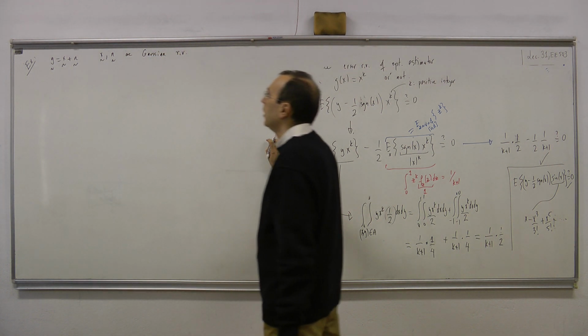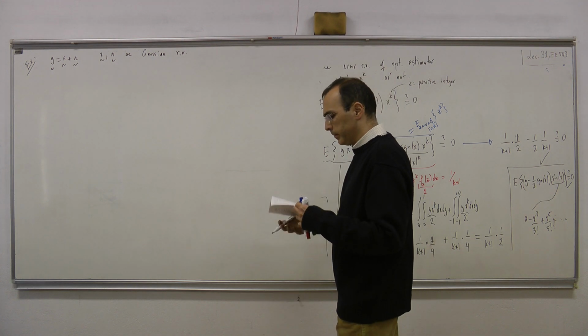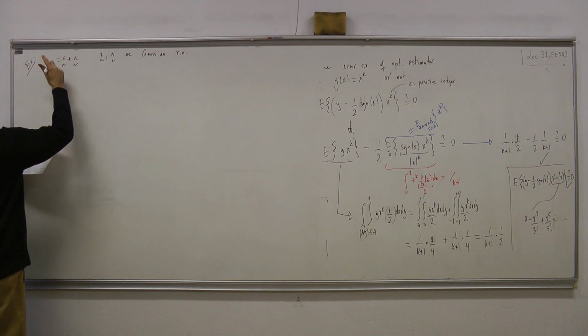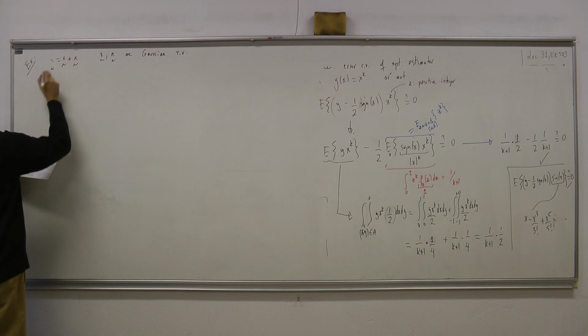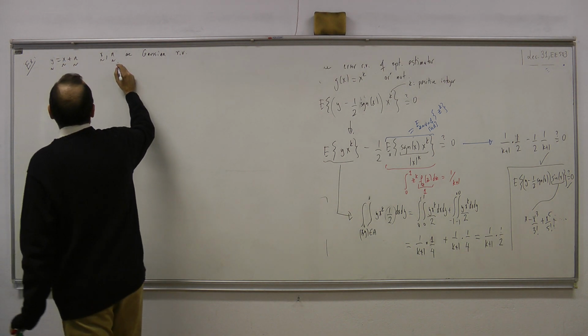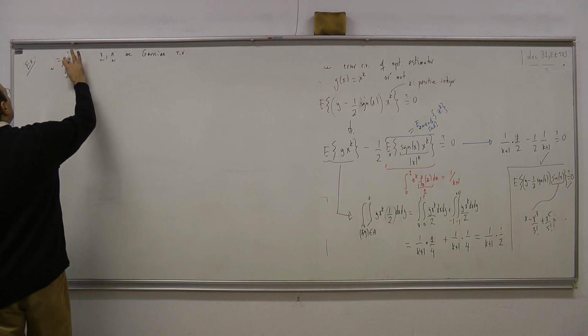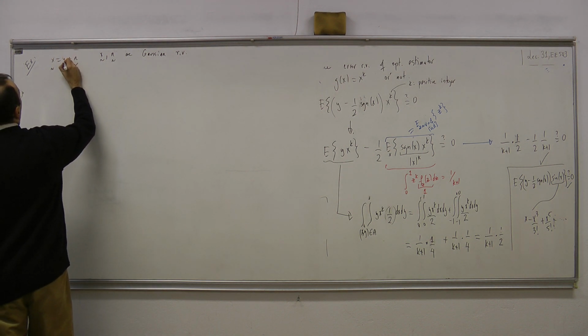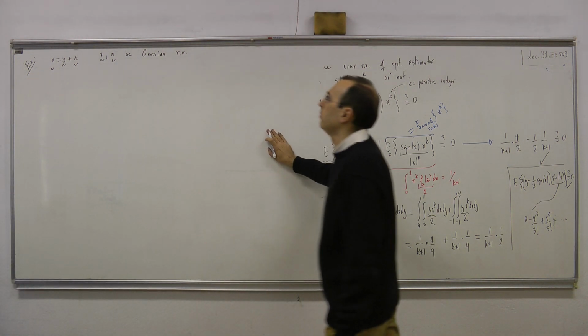Okay. So the question is, let me put y over here. Let me put x. So, okay, it's a little strange because we use the opposite notation all the time.